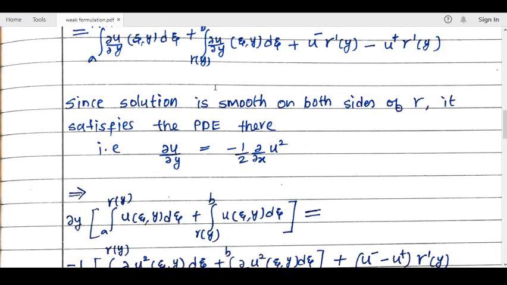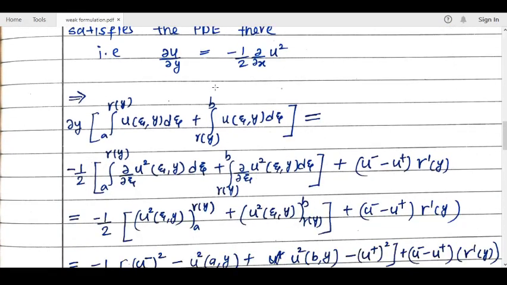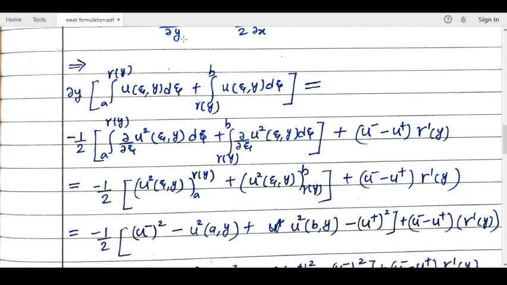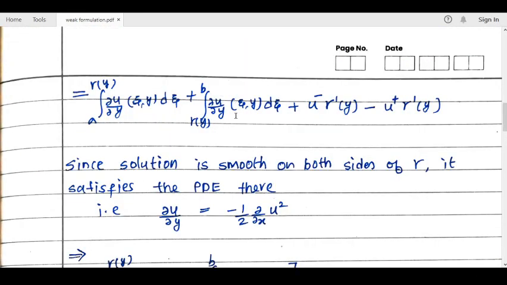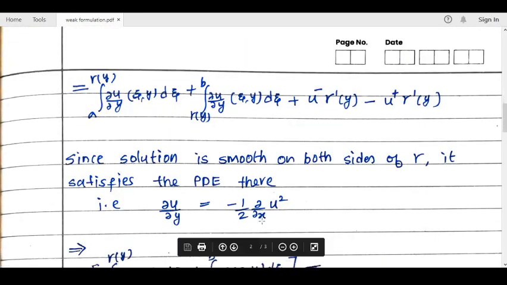So this implies that the value of this term is equal to minus half, which I have taken outside from all, integral a to gamma of y, where I have substituted dou by dou theta of u square of theta, y d theta, plus integral gamma of y to b, where again dou u by dou y is replaced by dou by dou x of u square.